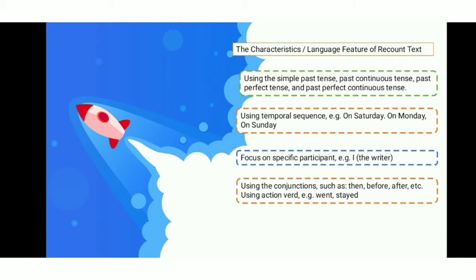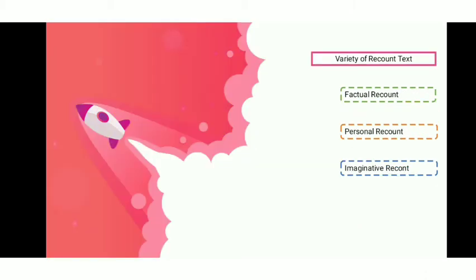Okay, next, the variety of recount text. The first is factual recount, atau yang kita sebut teks recount yang faktual. Nah, tentu saja hal ini menceritakan tentang fakta-fakta dari laporan ilmu pengetahuan, laporan kepolisian, atau kejadian nyata dalam sejarah. Nah, for the next is personal recount.